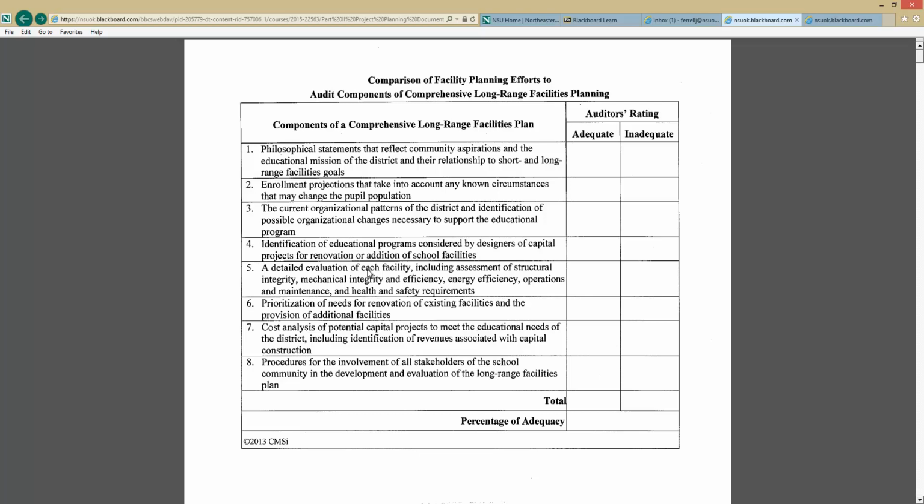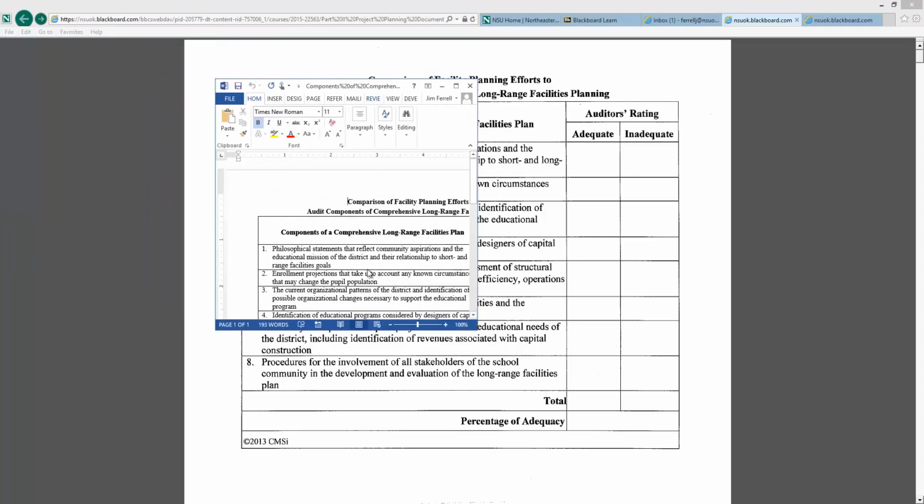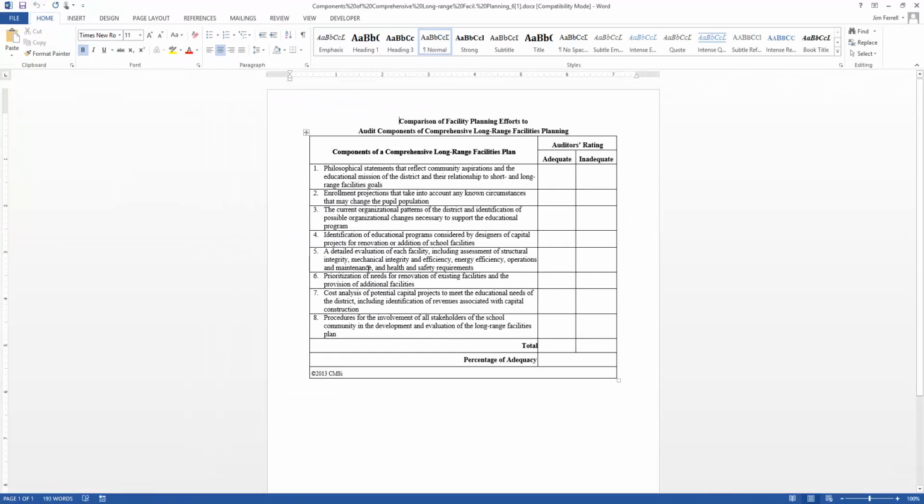So what you're going to do in this assignment is, and let me pull this over here. So here is the Word document. You will rate each of these 8 criteria as either adequate or inadequate in your district. You'll total them up, and let me tell you, the majority of districts have very few of these criteria that are adequate.